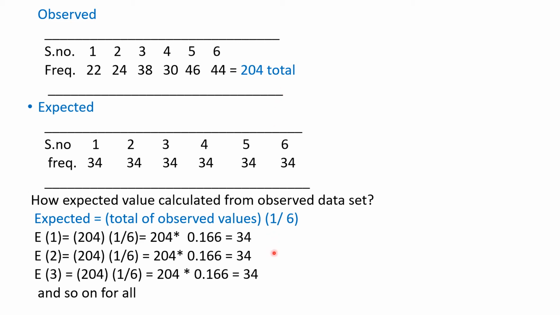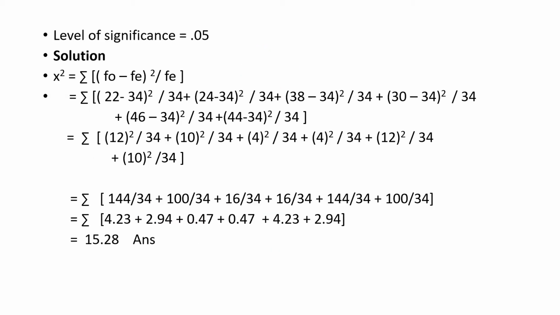Now how to calculate the chi-square? The level of significance for this problem set taken is 0.05. What does 0.05 mean? It means that there are only 5% chances of error, otherwise 95% we would have confidence in our value.